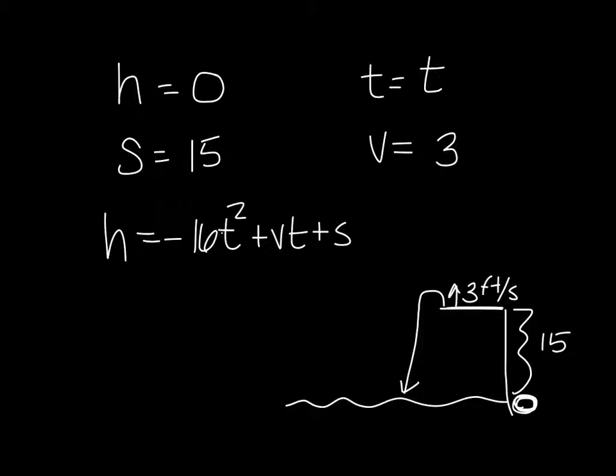H is 0, V is 3, s is 15. Now you just use your quadratic formula, which I'm not going to waste your time watching again, to figure out when you hit the water.